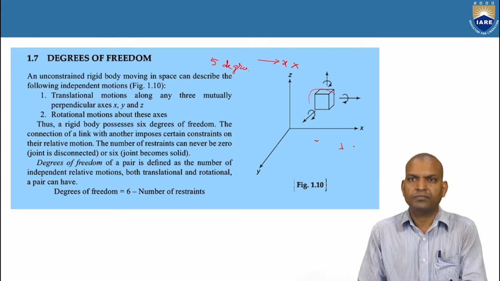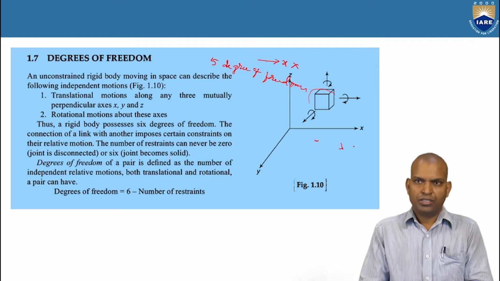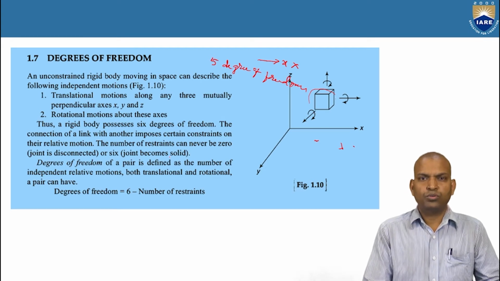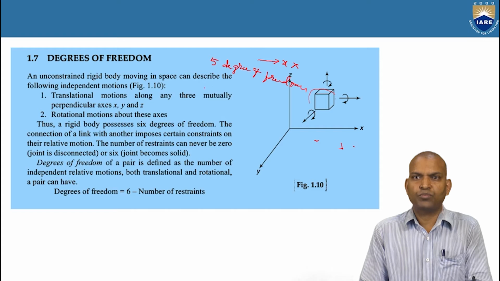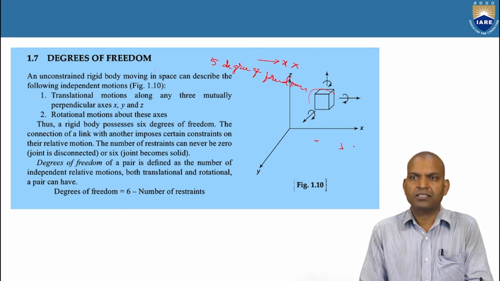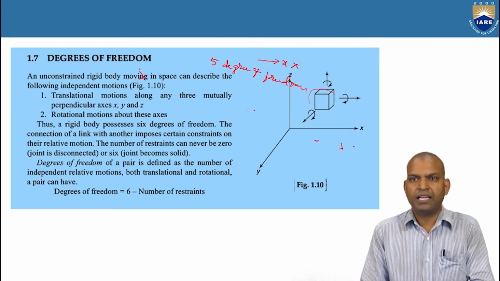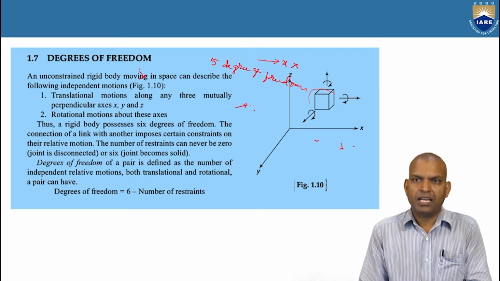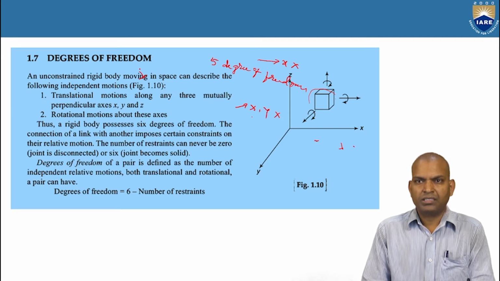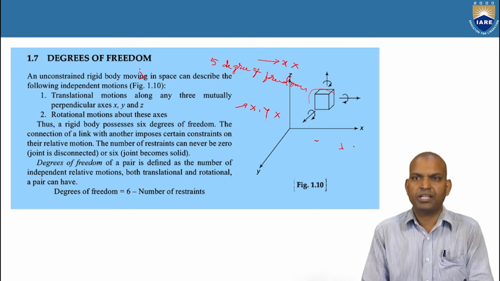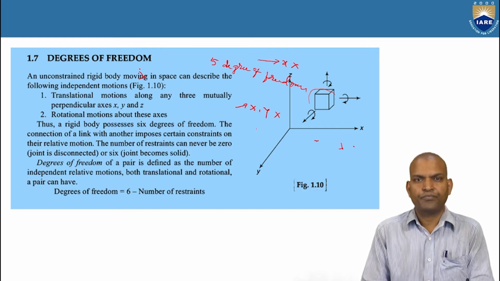Similarly, suppose there are 2 constrained motions, the translatory motions along axis x and axis y are restrained. That means 6 minus 2, so it has 4 degrees of freedom.